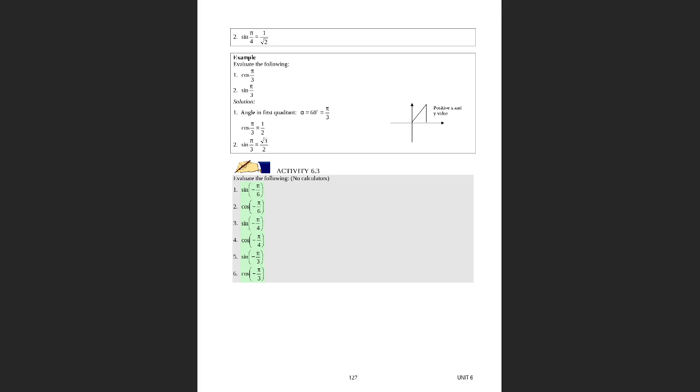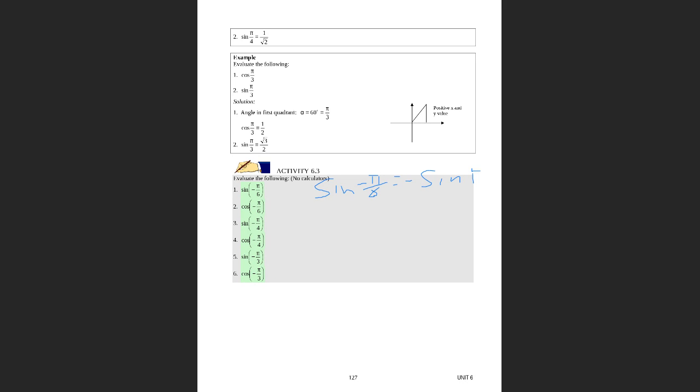So in this case, you see that sine of negative pi over 6 is the same as negative sine pi over 6.